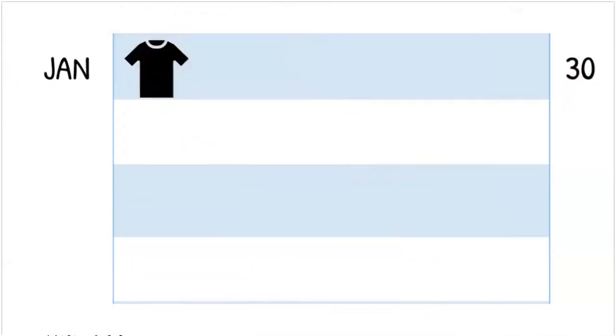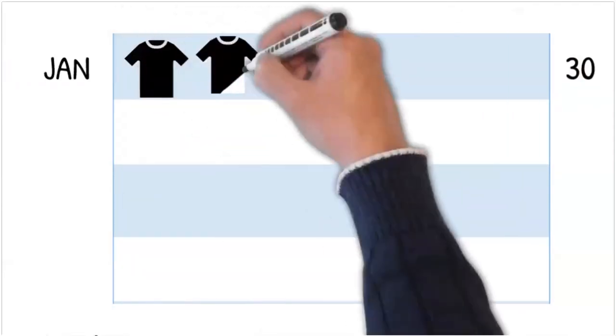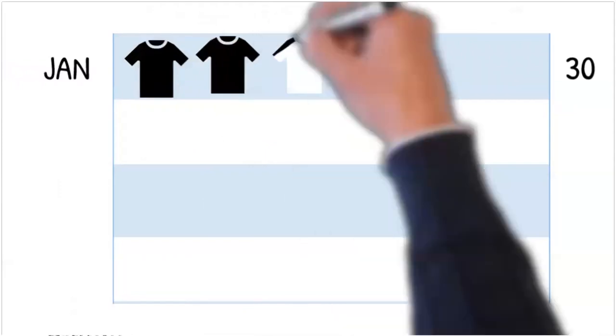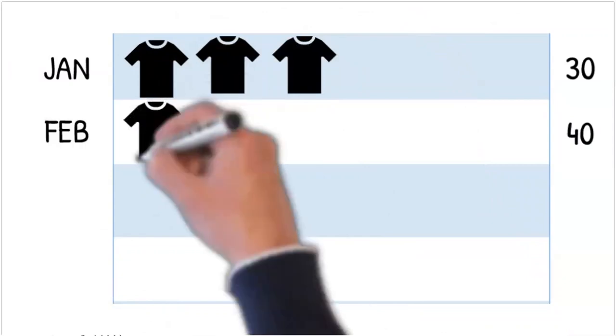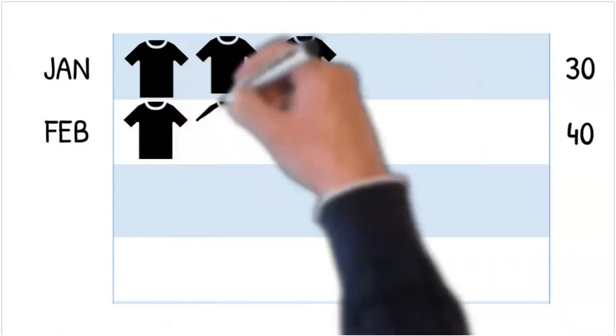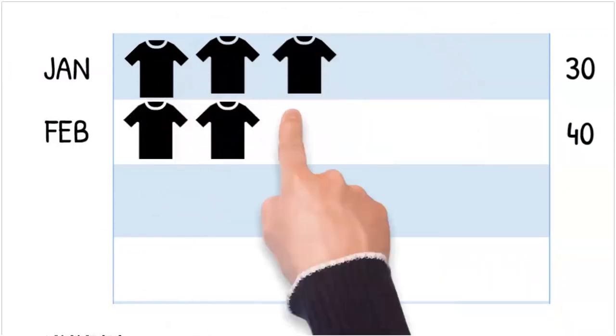Since the garment factory sold 30 t-shirts in January, we will draw 3 pictures of the t-shirts. In February, the factory sold 40 t-shirts, and hence we will draw 4 pictures of the t-shirt.